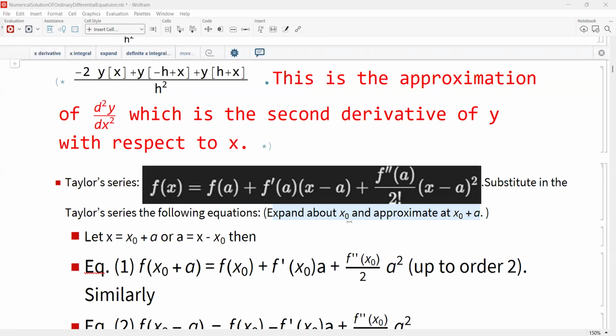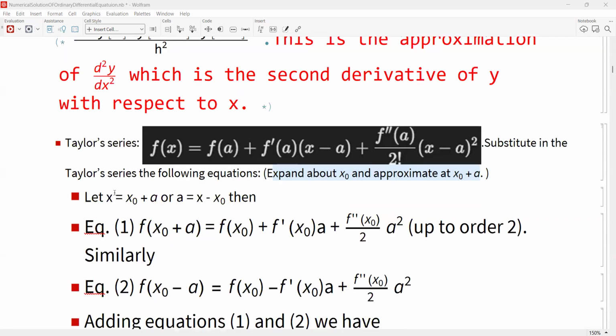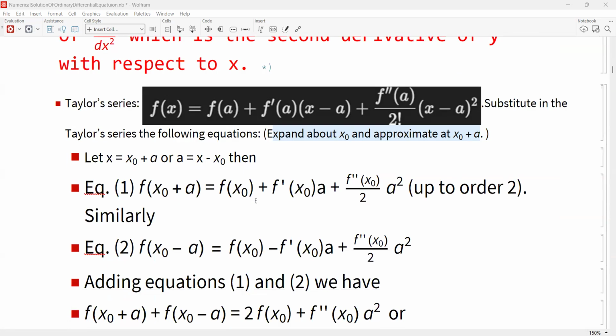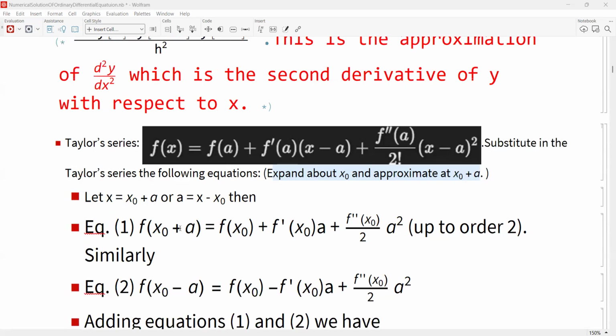x sub 0 and approximate it at x sub 0 plus a here. So let x equal x sub 0 plus a, or a equal to x minus x sub 0. Then by equation, we write here equation 1: f of x sub 0 plus a equals f of x sub 0 plus f prime of x sub 0 times a plus f double prime of x sub 0 over 2 times a squared, up to order 2 here.